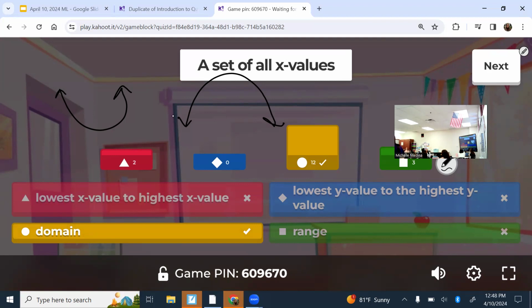And domain is all the x values. No, that's all I'm looking for. So remember, domain is telling me all the possible x values in the function. So imagine this is on a coordinate plane. Will this graph eventually touch all the x values?